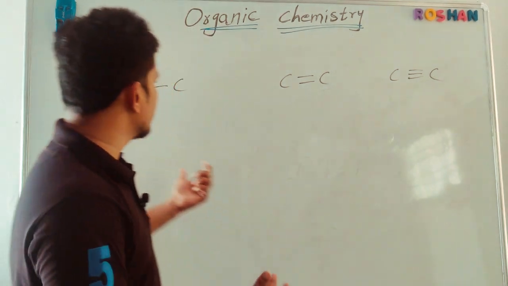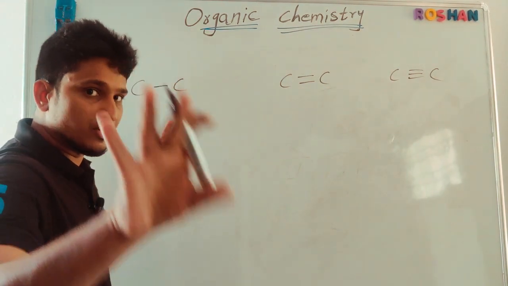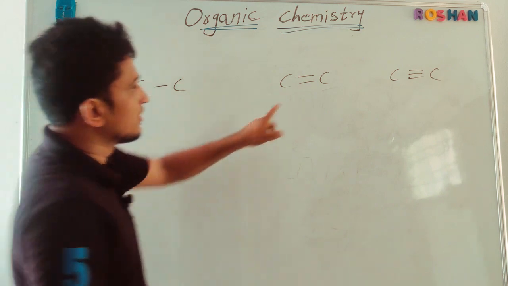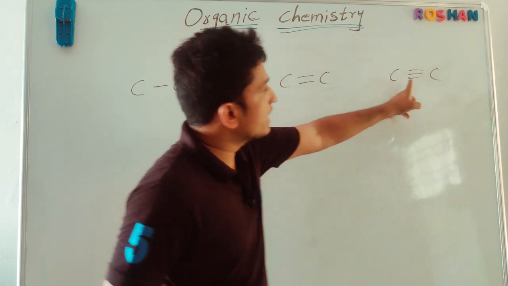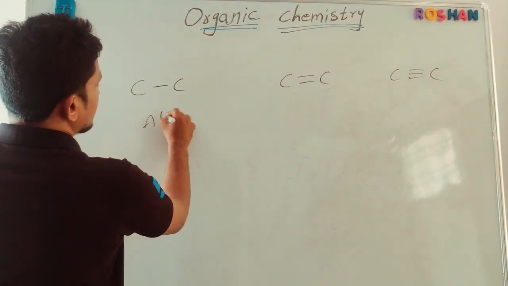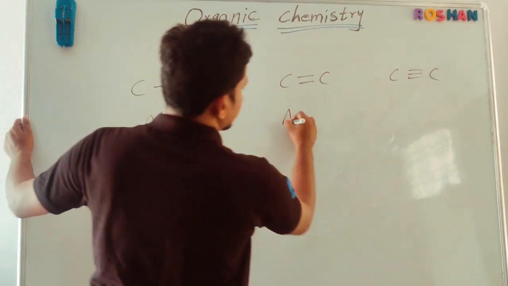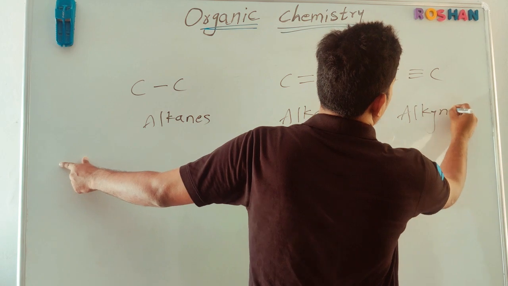So you can see in these examples, what is this? Carbon single bond. Of course, the remaining bonds are with hydrogen, which you already know. Yes or no? I didn't mention any hydrogens. Here how many bonds does carbon form? Between carbons, it can form double bonds, and here it is a triple bond. So organic compounds are mainly called alkanes, alkenes, alkynes.